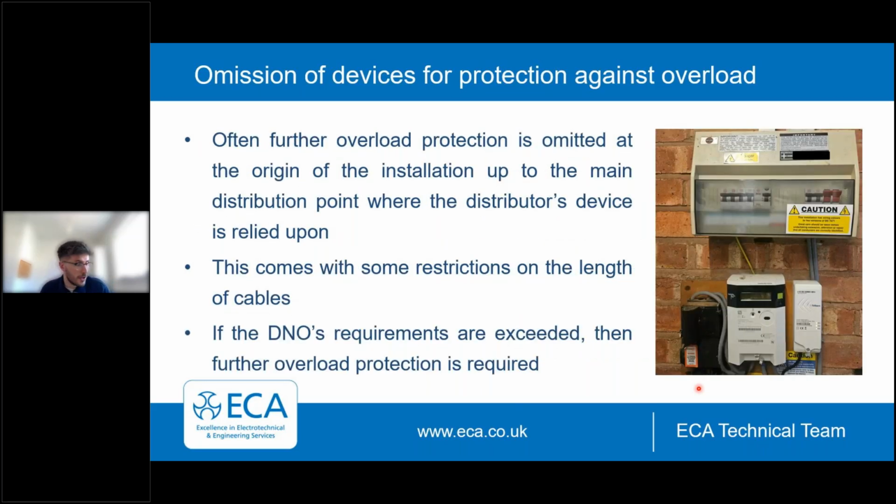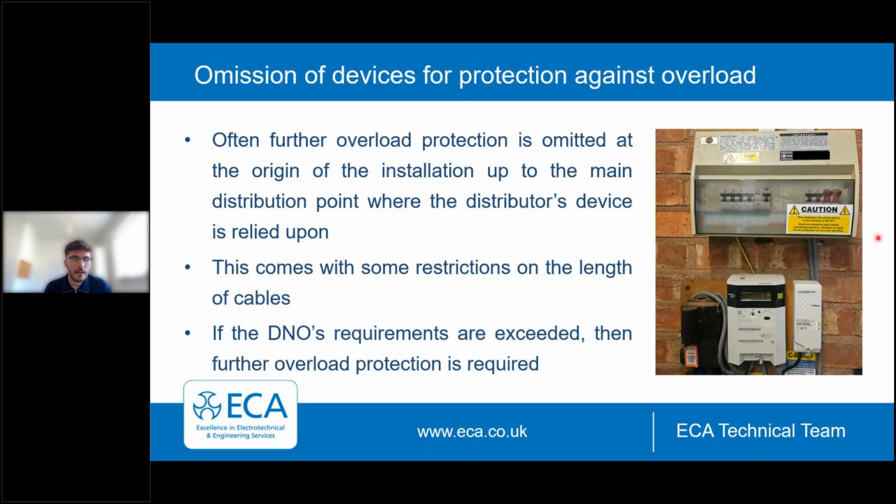Okay, and the third requirement for regulation 433.3.1 now, and again, this is more of a case of not providing further overload protection. So often further overload protection is omitted at the origin of the installation up to the main distribution point where the distributor's device is relied upon.